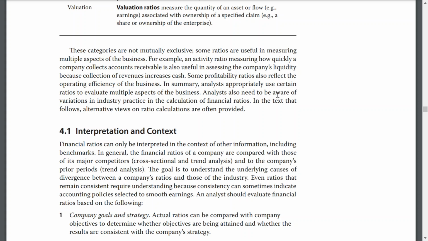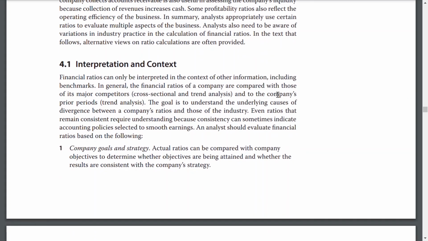In summary, analysts appropriately use certain ratios to evaluate multiple aspects of the business. Analysts need to be aware of variations in industry practices and in the calculations of financial ratios. In the text that follows, alternative views on ratio calculations are often provided.